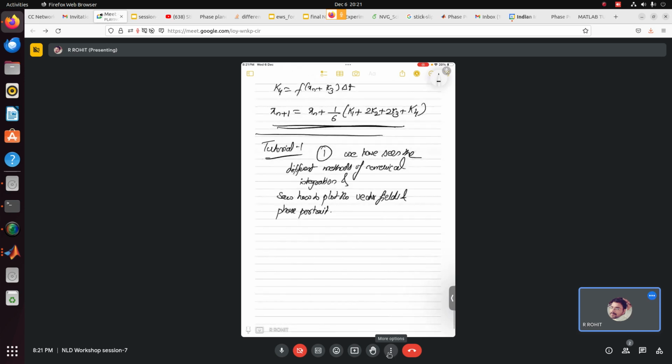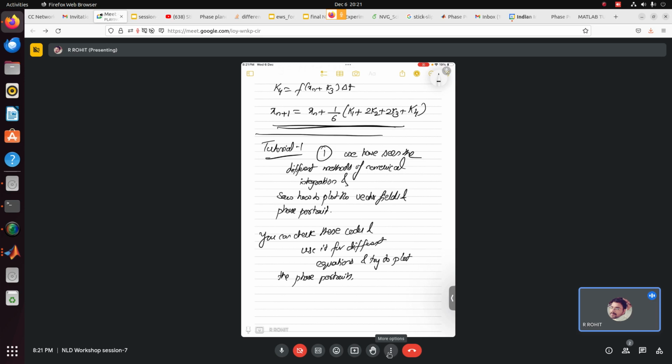So you can check these codes and use them for different equations, and try to plot the phase portraits. If you have any doubts, we can clear them in the next session.